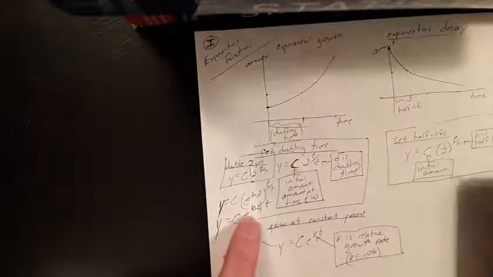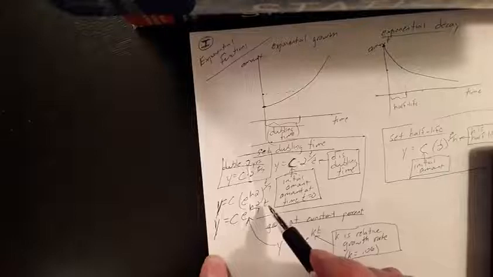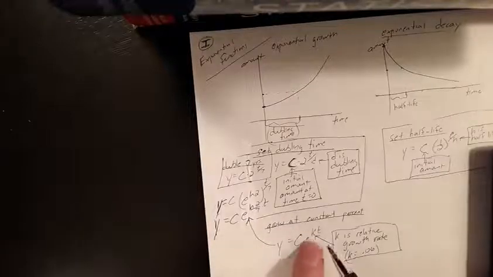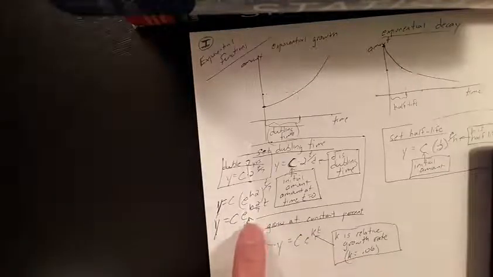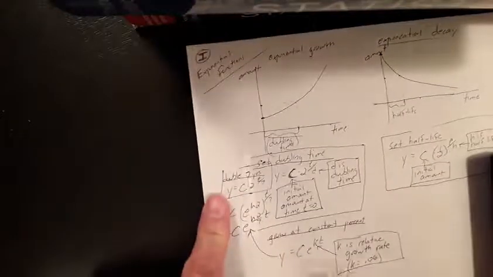So when I take that ln of 2 over 7, see how this is now y equals c e to the kt? So that's my k down here, this ln of 2 over 7. And I'll go out to 6 decimal places, 0.099021.